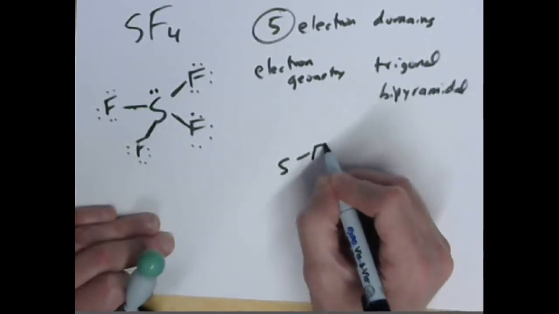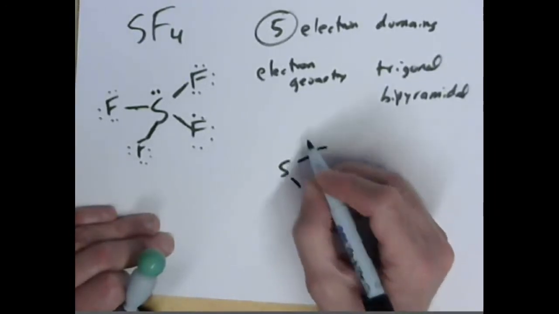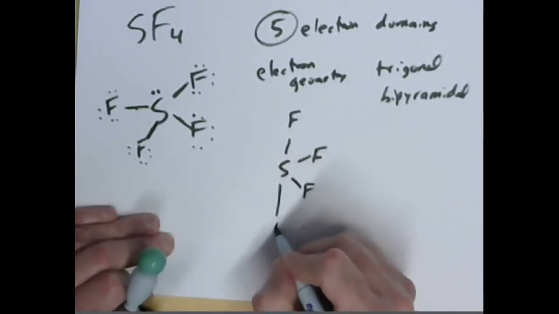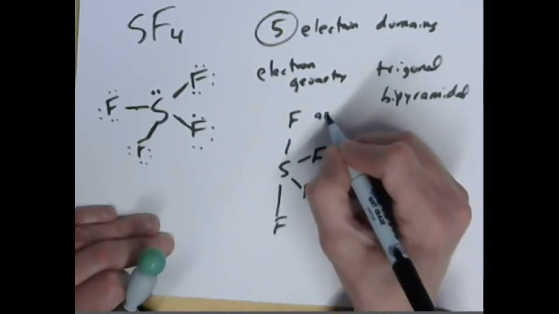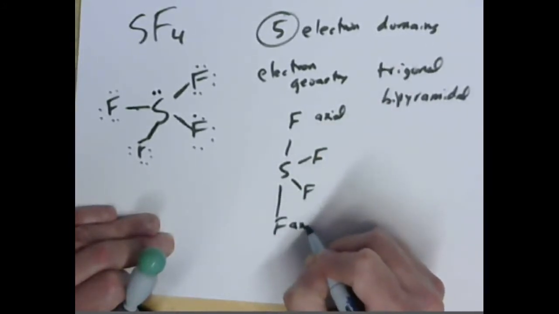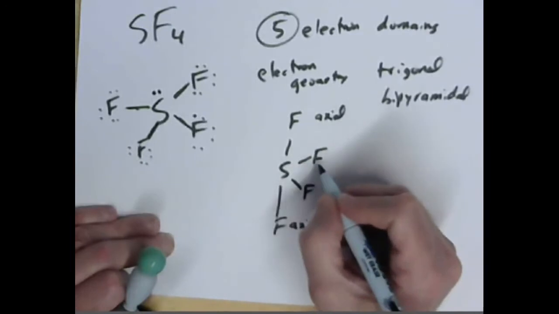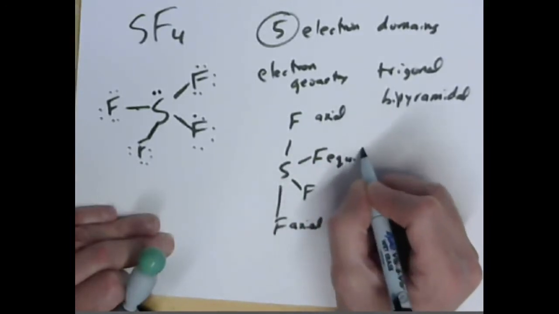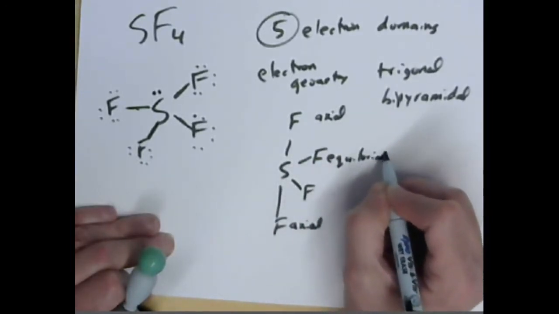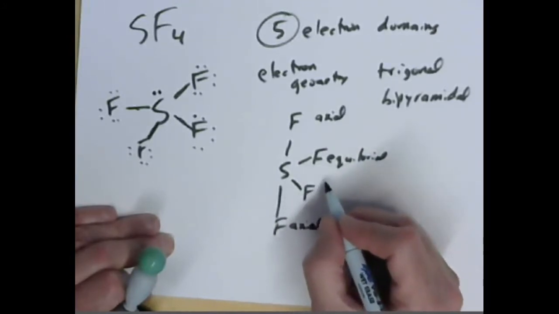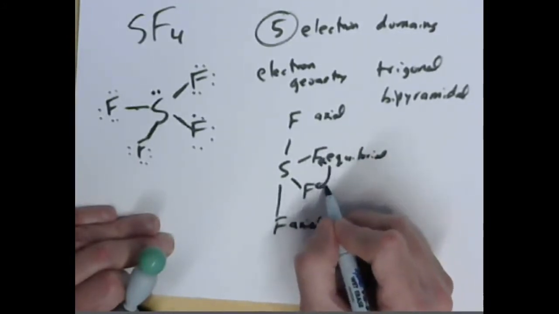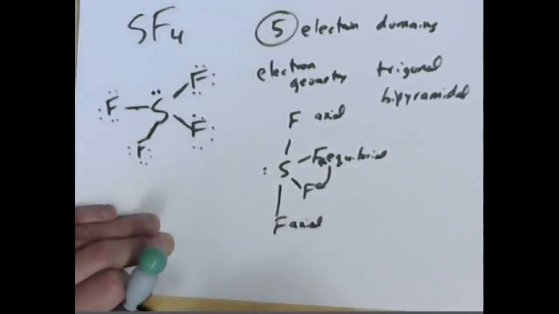And so if I redraw this to try to show these axial positions again, and then this being my equatorial position, these 2 fluorines, and there's the non-bonding pair of electrons also on the equatorial position.